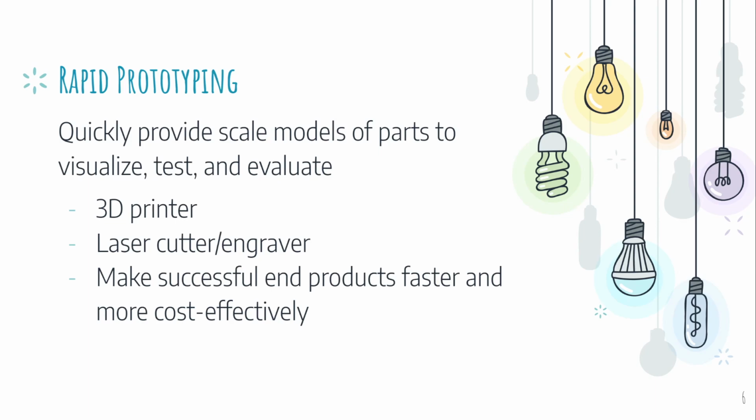Using rapid prototyping technology, we can get to a more successful end product a little bit faster, because we can use cheaper materials to make these prototypes and test them out.